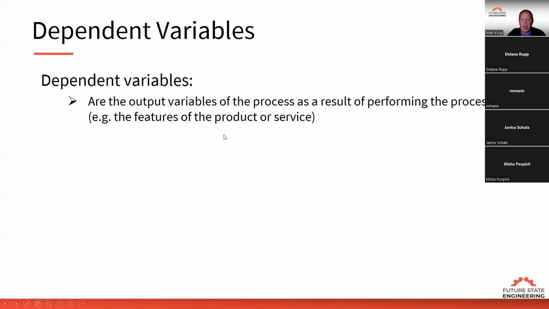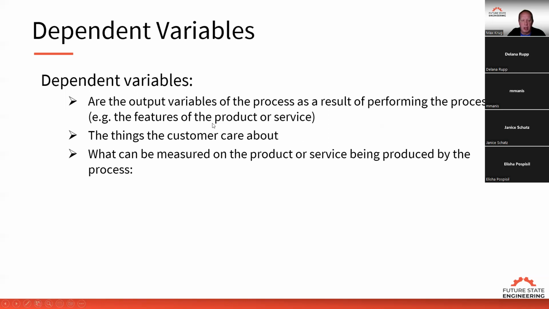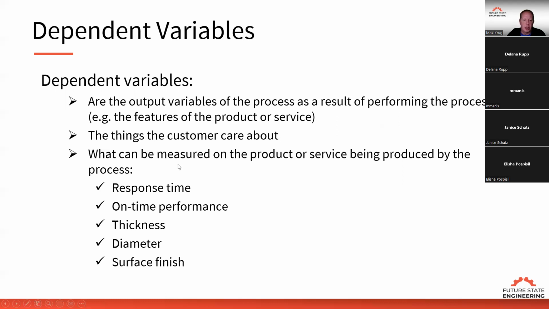It's related to the product itself. These are things that customers care about, and they can be measured on the product or service being produced by the process. For example, response time, on-time performance, the thickness, the diameter, surface finish. These are all outputs of the process that are characteristics of the product itself.